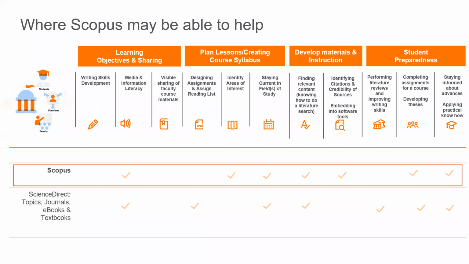So perhaps going through this webinar and the knowledge provided today can help you build some foundational knowledge before deciding where next you need to submit your manuscript. So again, Scopus is one of the tools for you to identify the citation as well as the credibility of the sources. Besides that, it will help you complete assignments for a course as well as stay informed about the advances.